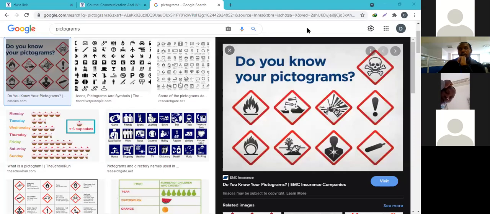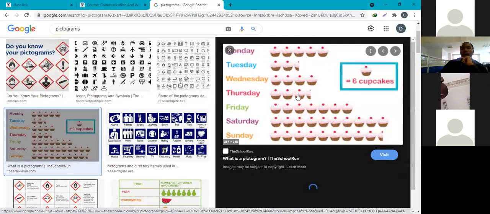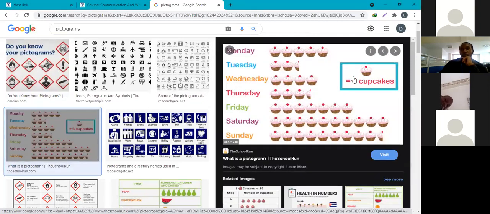Now, when you look at that, do you know your pictograms? You can see pictograms there. These ones are like warning signs. You can see they are using pictures. These are what we call pictograms. We can also have this one, whereby you are told 1 cupcake is equal to 6 cupcakes.